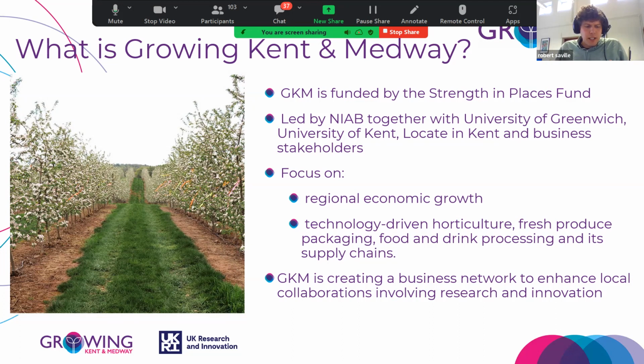We are supporting technology-driven horticulture, fresh produce packaging, food and drink processing, and its supply chains, all with a focus on supporting sustainable growth. Around the cluster's nucleus, Growing Kent and Medway is creating a business network to enhance local collaborations involving research and innovation.